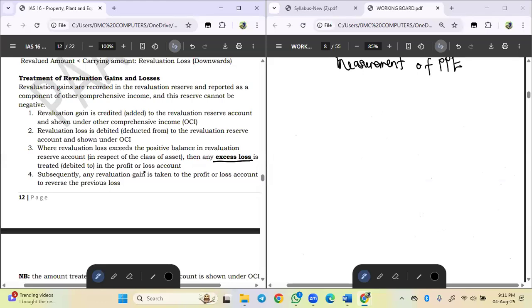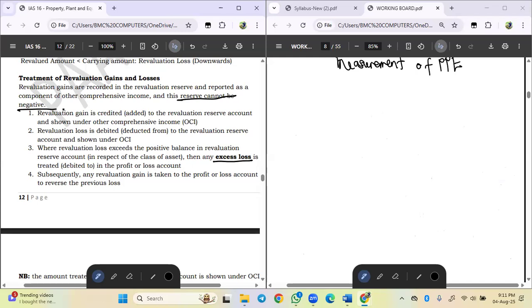So what it means is that if there is any excess loss, that one will not be sent to the revaluation reserves as negative, because already we said that revaluation reserve cannot be what? Negative. So if you deduct everything and you are left with zero, you leave there and go and what? Debit the P&L.